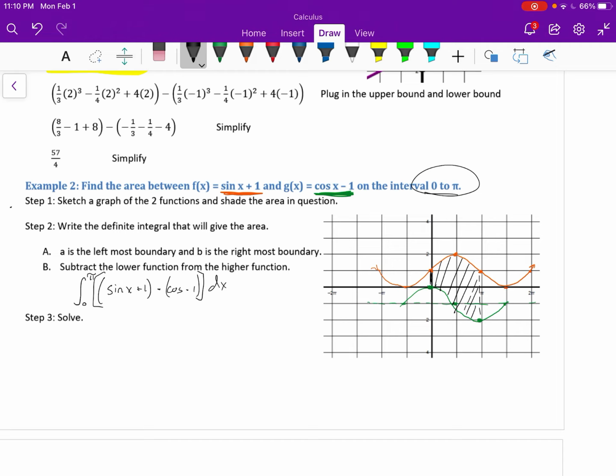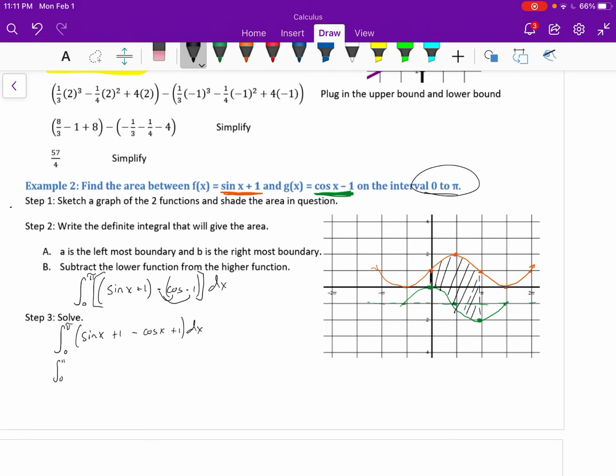We can distribute, so we'll simplify and solve. So 0 to pi, first we'll simplify: sine of x plus 1 minus, distributing that negative, cosine of x plus 1, dx.